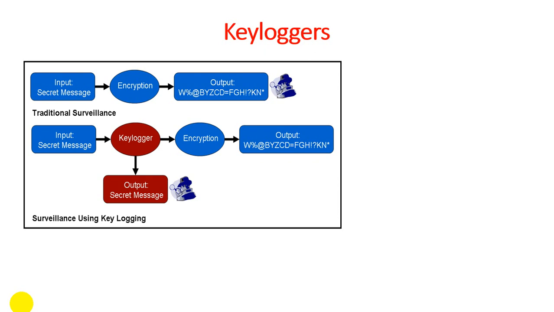But in surveillance using keyloggers, for an input secret message, a keylogger is built in between the input and the encryption. So whenever an input message is converted to output with the help of encryption, they just record the unencrypted data before it is transmitted as an encrypted message to the output screen.